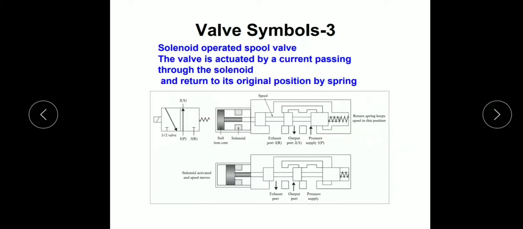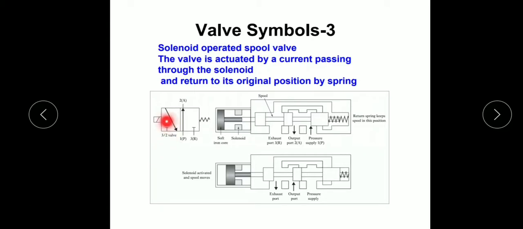And we need to know what a solenoid valve is and how a solenoid valve works. Here the figure shows the symbol of a solenoid valve with spring return. This is a 3/2 valve. 3/2 means how many ports there are and how many positions there are. That is shown by 3 and 2. 3 shows the number of ports and 2 shows the number of positions.